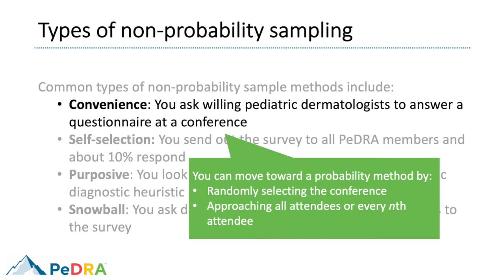Let's look at how some of these non-probability methods can get closer to a probability approach. Looking at our first example, convenience sampling, where you are asking pediatric dermatologists to answer a questionnaire at a conference. You can improve this approach by first randomly selecting the conference that you attend. You can plan on approaching all attendees and recording the refusals, or systematically interview every 10th attendee.